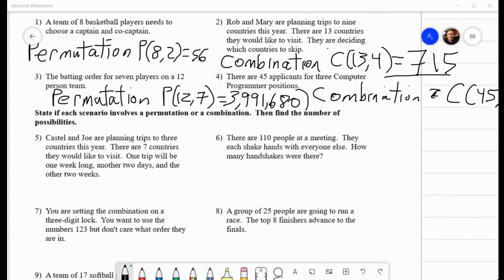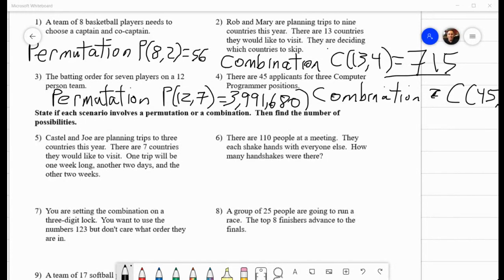Well, does it matter what order they decide to visit the countries? Well, notice that the trips are different in length, right? Since the trips are different in length, they're going to visit one country that's a week long, but the next trip is only 2 days. So the next country they visit is going to be on a different trip.